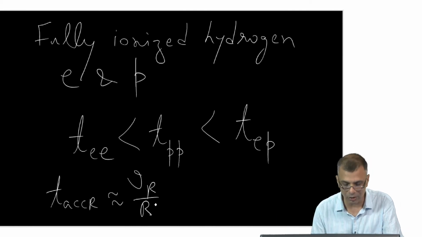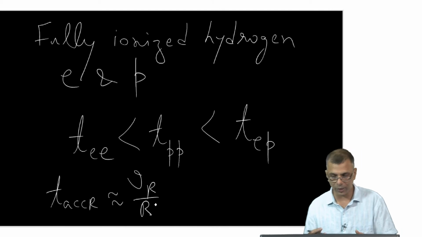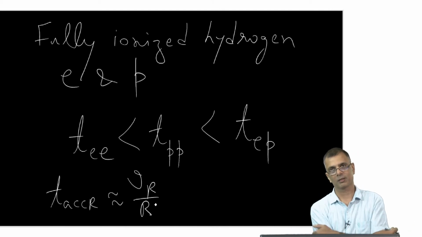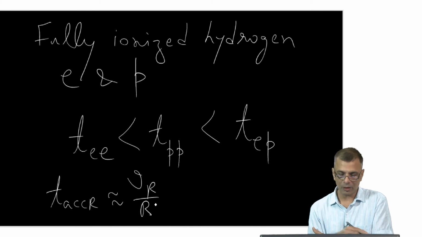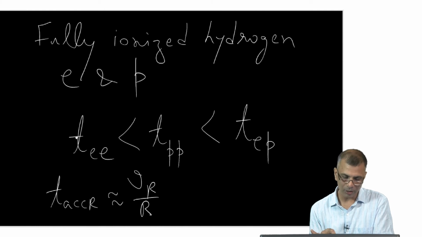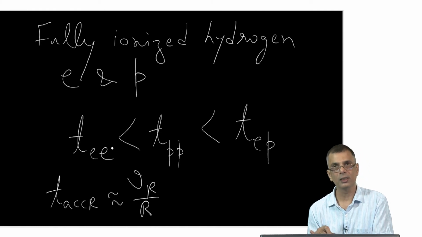This would be the time scale over which stuff accretes. Given this kind of time scale, there might be enough time for the electrons and electrons to equilibrate. In other words, t_accretion is larger than t_ee.